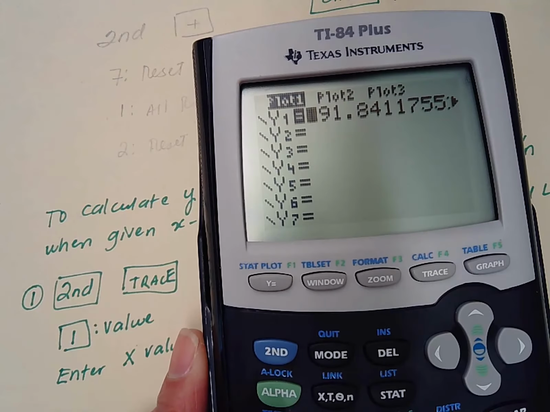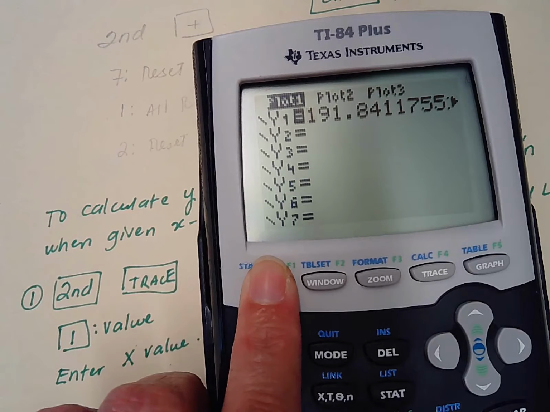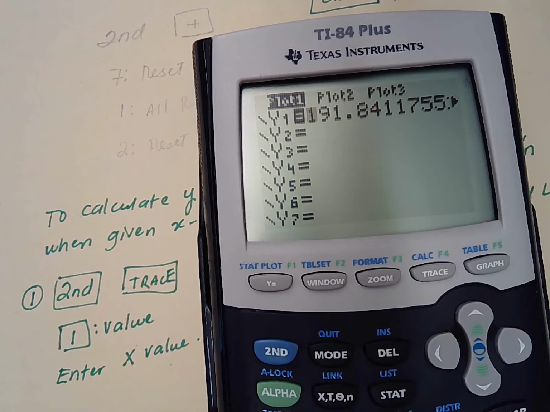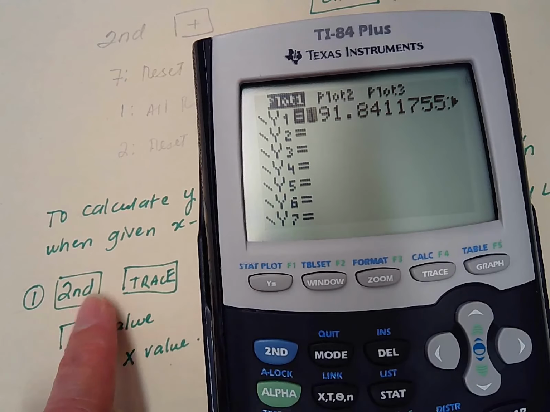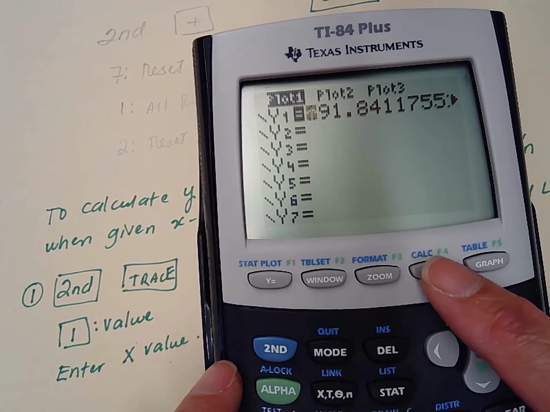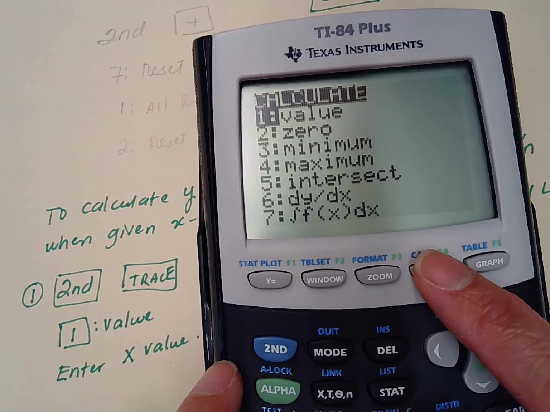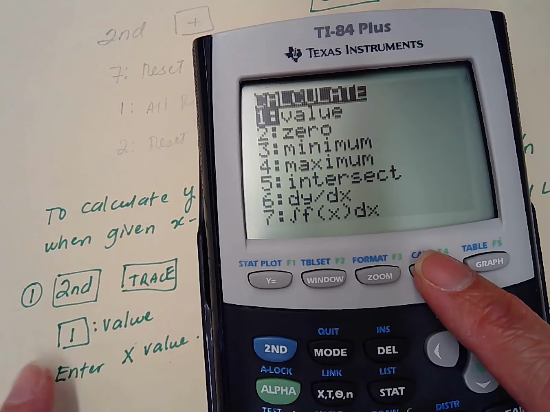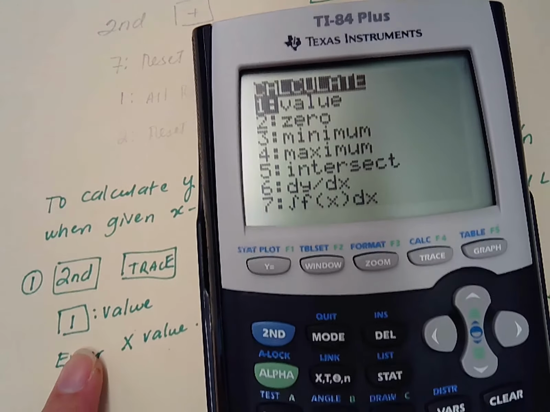So this is where we are. Press y equals. We have our regression equation. We're going to go second function. Press second function, trace. Trace is the gray button on the top. It's going to show you 1 for value, so press 1 for value.